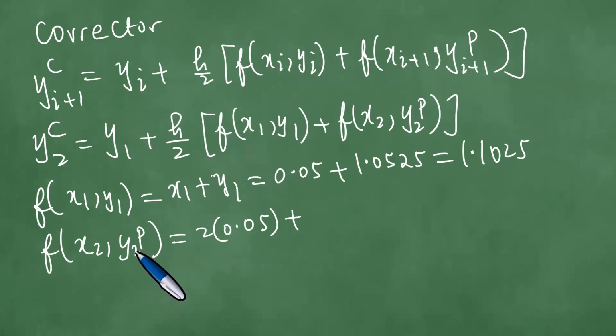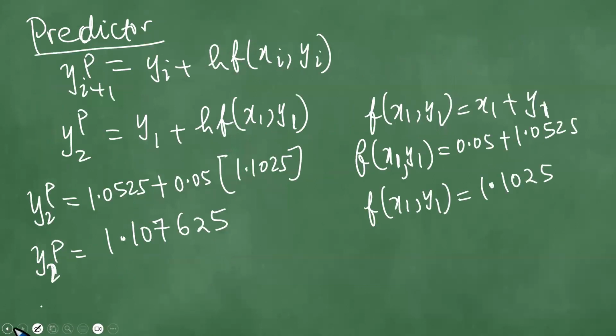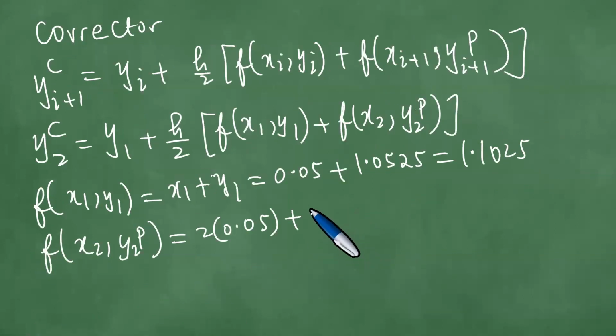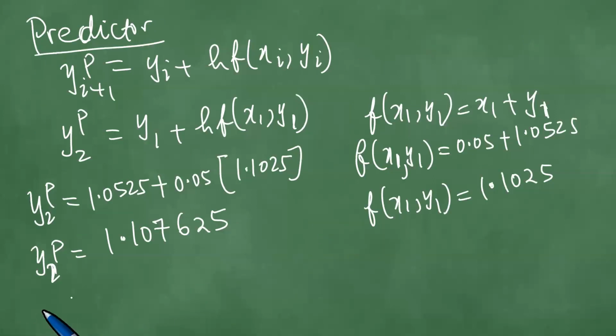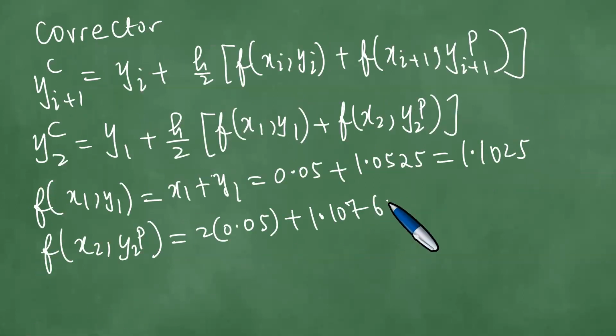Next, what is y2p? The y2 predictor we got is 1.107625. Then we get the summation.